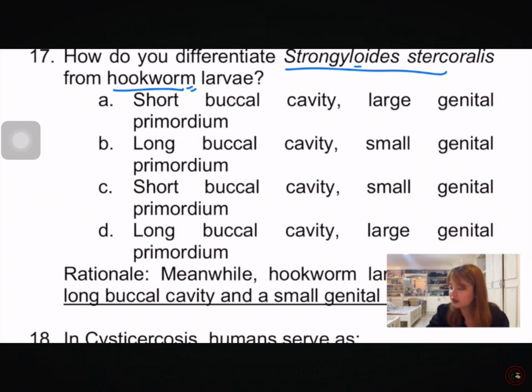Tandaan nyo na kapag Strongyloides stercoralis, short buccal cavity, large genital primordium. Ito yung sagot. Short buccal cavity, large genital primordium.